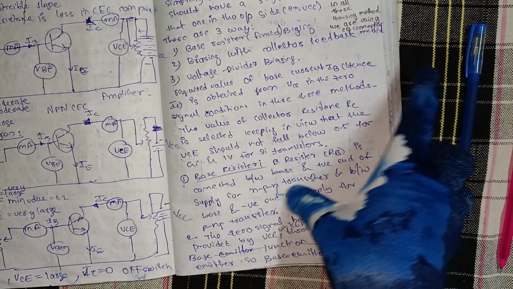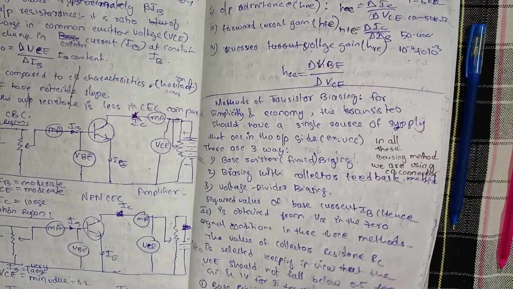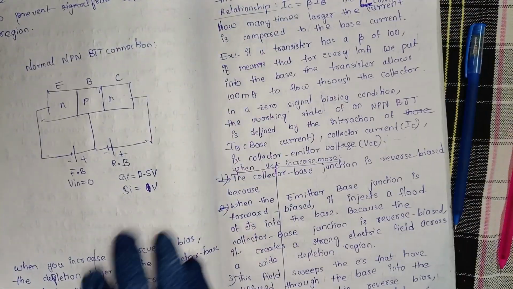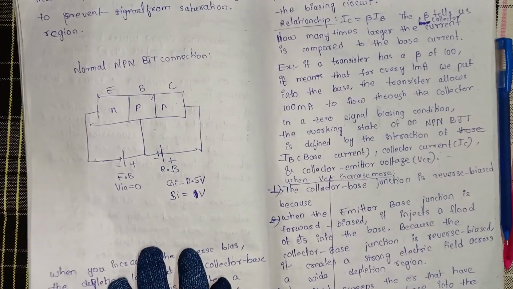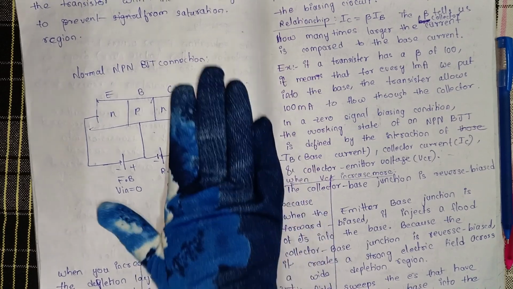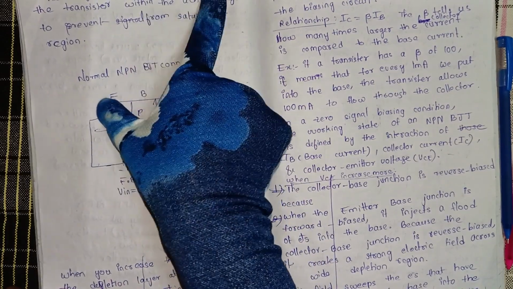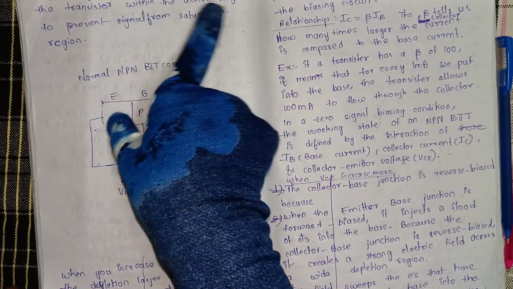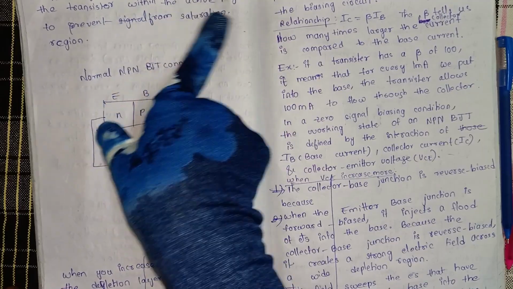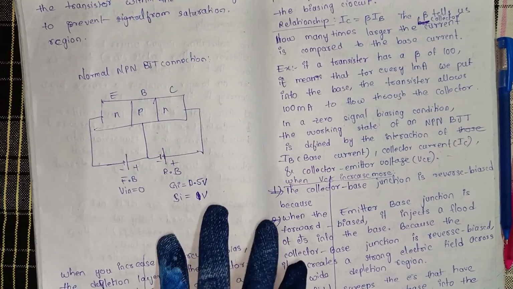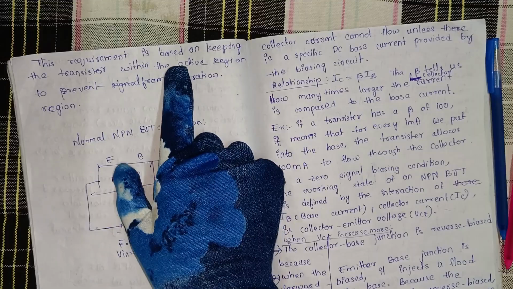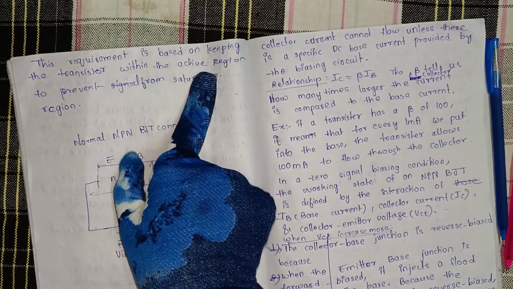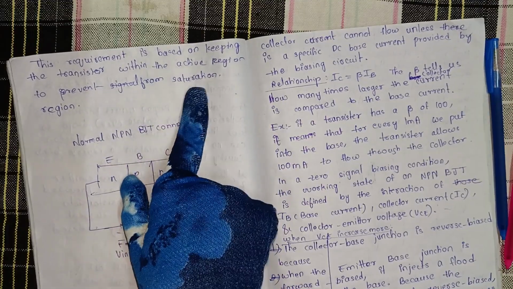This is to keep the transistor within the active region and prevent it from entering the saturation region.